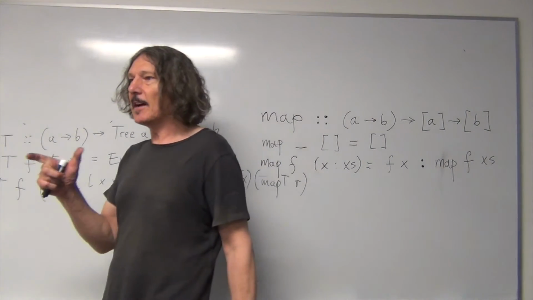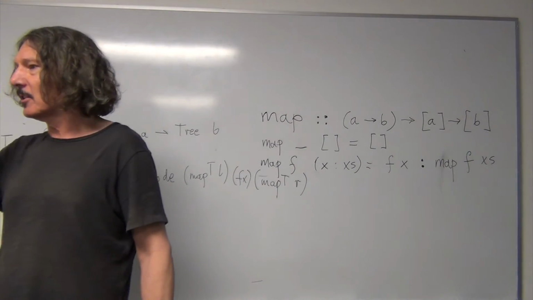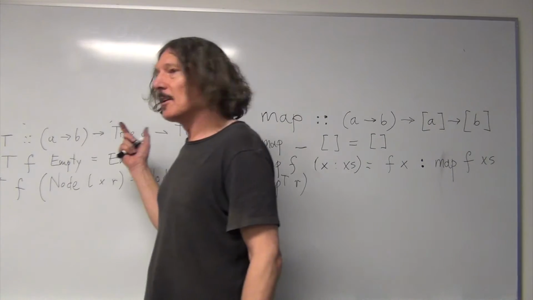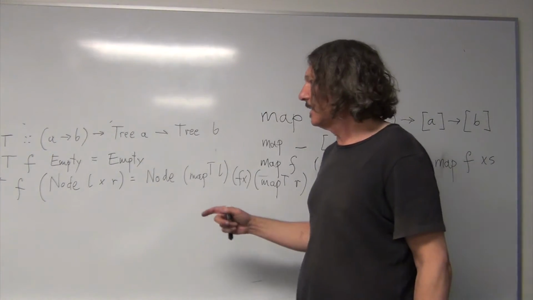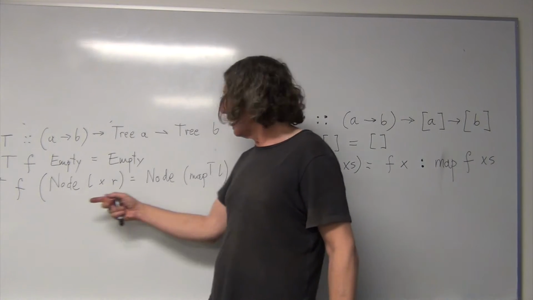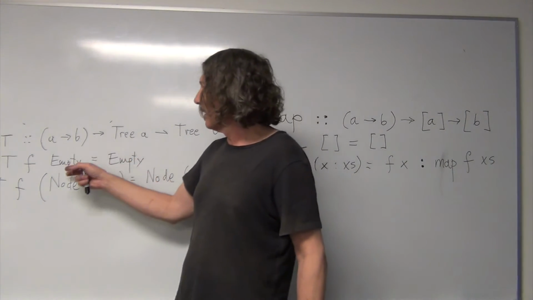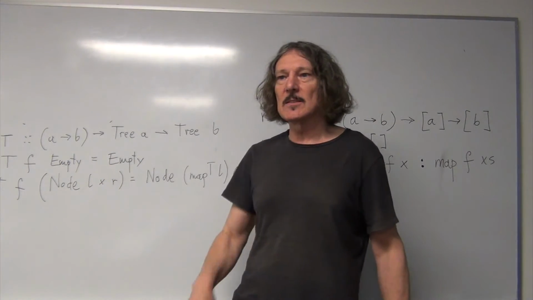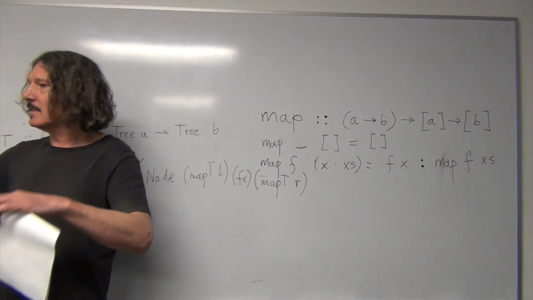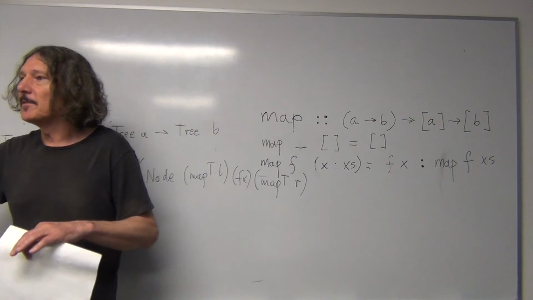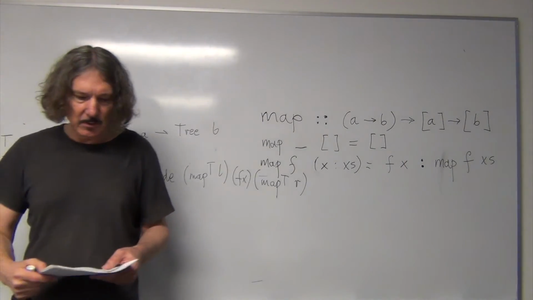It applies a function to every element stored in the container, and the important thing is it doesn't change the shape of the container, right? When acting on a node, it returns a node of the same shape. When acting on an empty, it returns an empty. So it never changes the shape of the container. It just recreates the same container, but with modified contents. And something like this is called a functor.